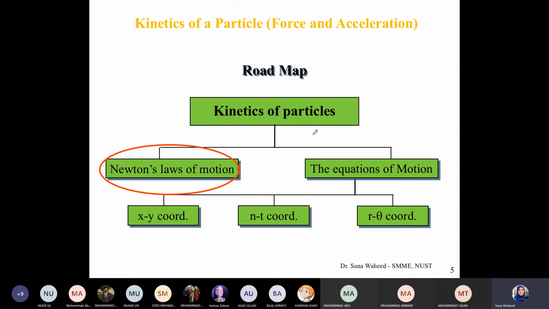Newton's second law of motion is the equation of motion, and we'll apply it in different forms to things which you're all already familiar with.